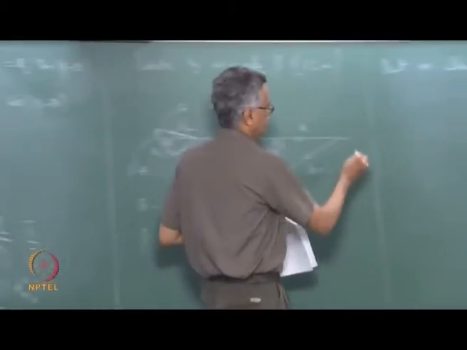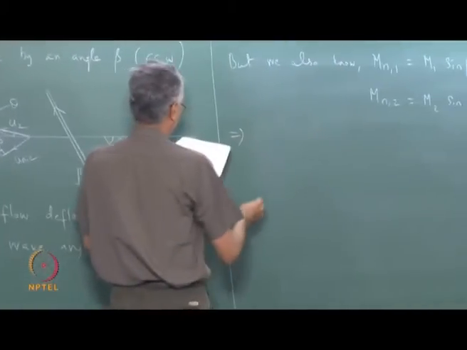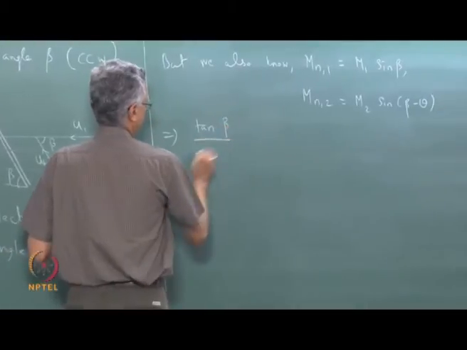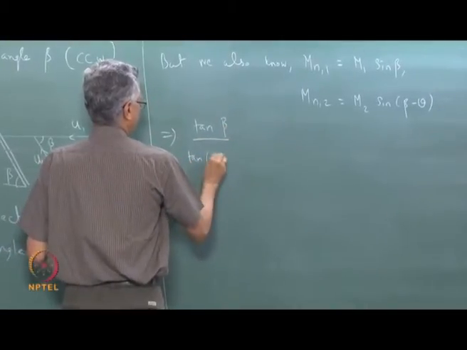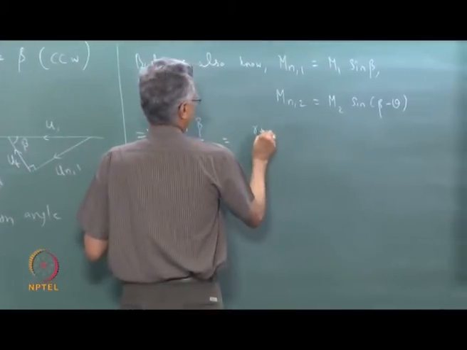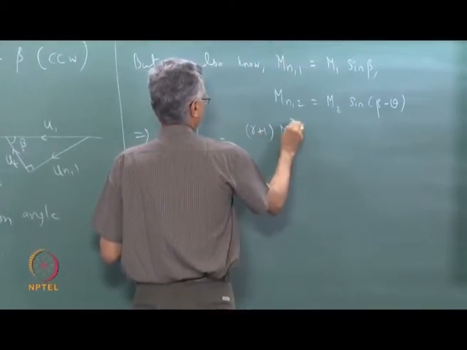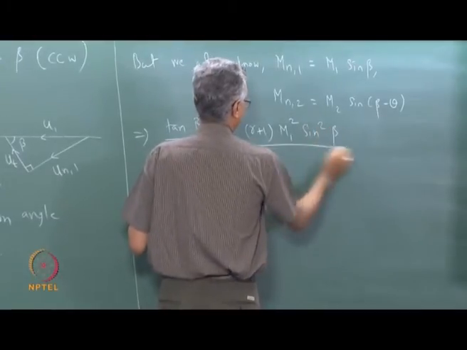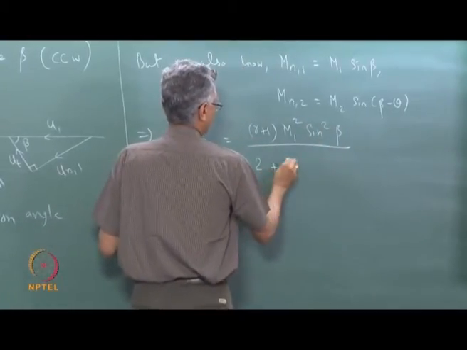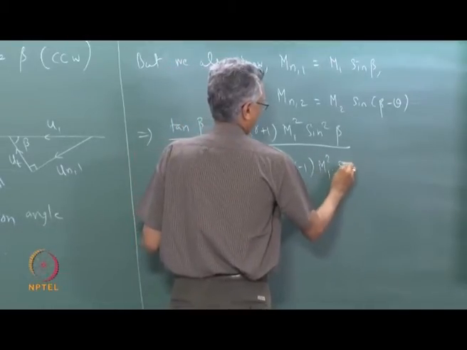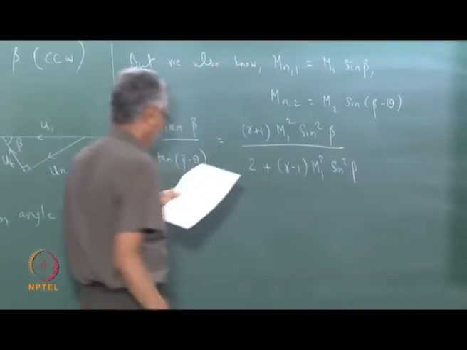We finally get, if you equate the two relationships for un1 over un2, tan beta divided by tan(beta minus theta) is equal to (gamma plus 1) times M1 square sin square beta divided by 2 plus (gamma minus 1) times M1 square sin square beta.